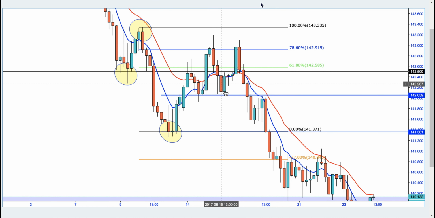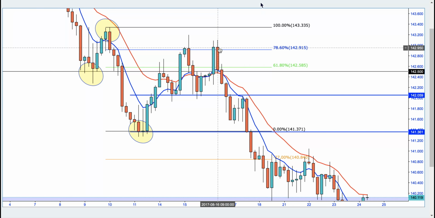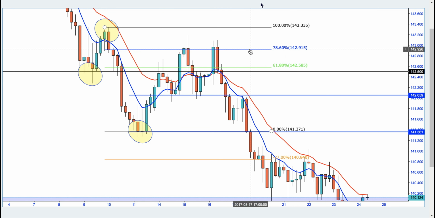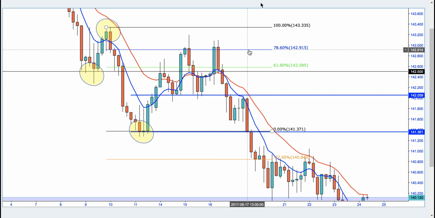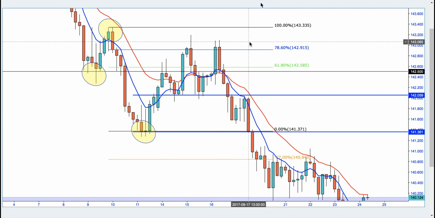However, look what's happened. The market's come back above, spiked above, tweezer top once more, and back below. So we went 15 pips above, that would be 143.06 right there. That would have got us a nice tight stop.